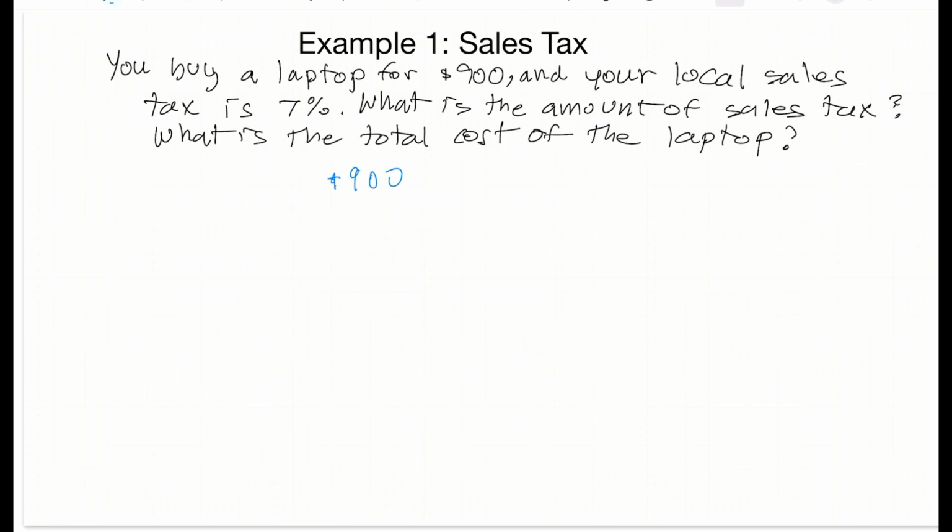That's the price of the laptop, and it's going to be times 7%, but now we've got to divide by 100 to put that as a decimal fraction. So that's 900 times 0.07. And plugging that into our calculator, we're going to come up with $63. So that's the amount of sales tax.